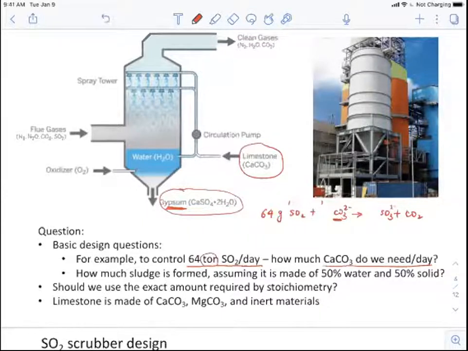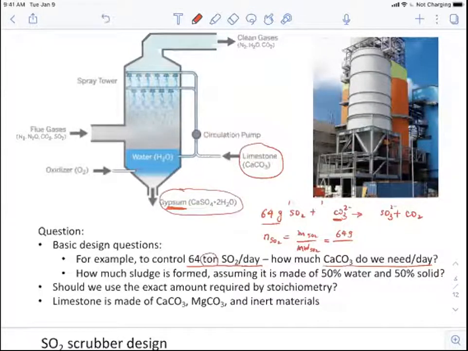Now if we know the mass of the sulfur dioxide, we can calculate the number of moles. That is the mass of sulfur dioxide, 64 grams, divided by its molecular weight.